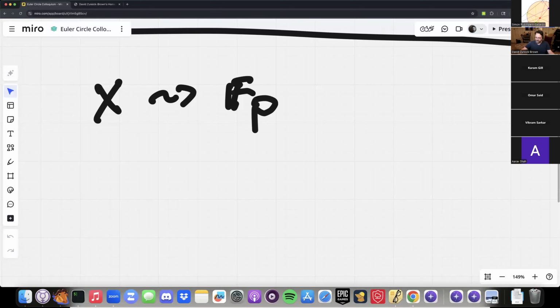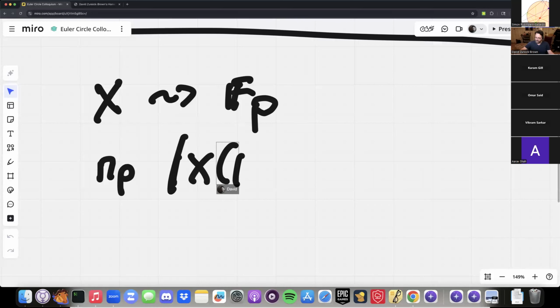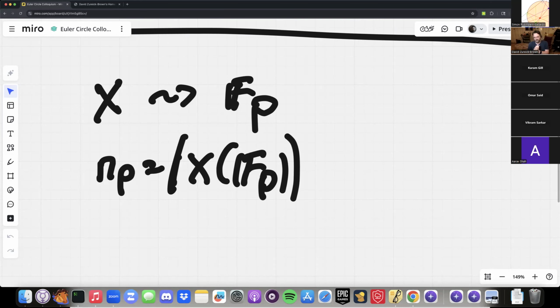Right. And so like if I have something that I'm trying to solve over finite fields, I can let N_p be the number of solutions. So I'll say the size of X over that finite field. So whatever X is, that's some equations. This is the number of solutions to those equations over F_p. And then you can package those together. Like if something has a lot of solutions over the rationals, you would expect it to also have a lot of solutions mod primes and maybe vice versa.